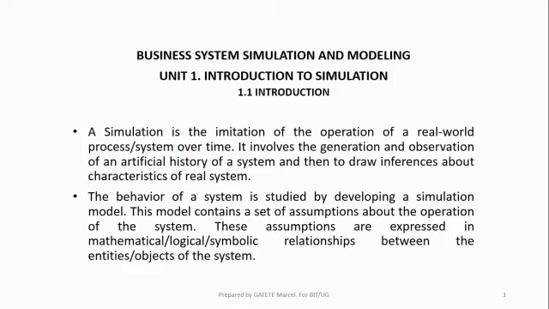So here we can have so many things to do. Here we see that it involves the generation and observation of an artificial history of a system, and then drawing inference about the characteristics of a real system. It means that we are going to observe something which is real.